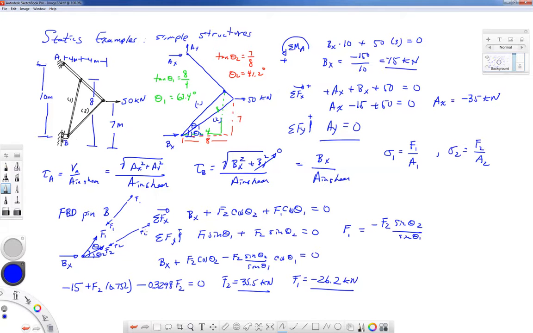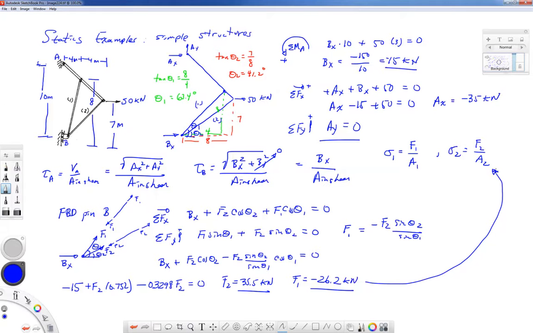Now they're not both going to be in tension because of that equilibrium equation. So one of them actually points in the opposite direction. By assuming it's in tension, getting a negative number, that means it's really in compression. And so when I go to compute the stress, I can just carry that negative sign in there and note that my stress is going to be compressive.